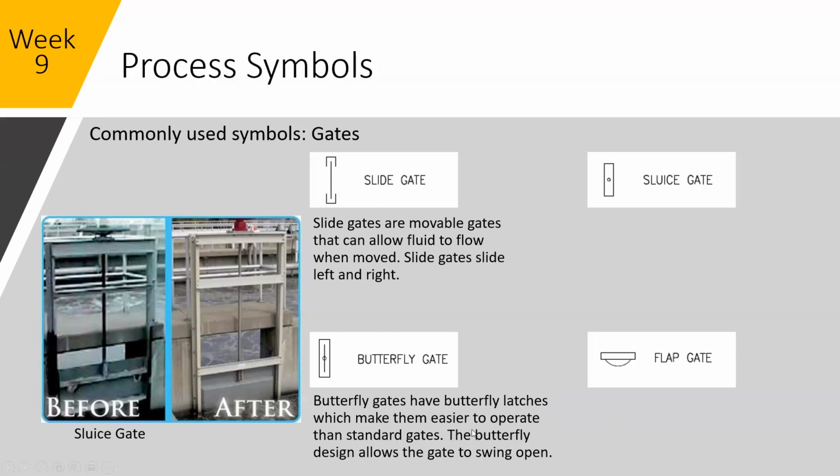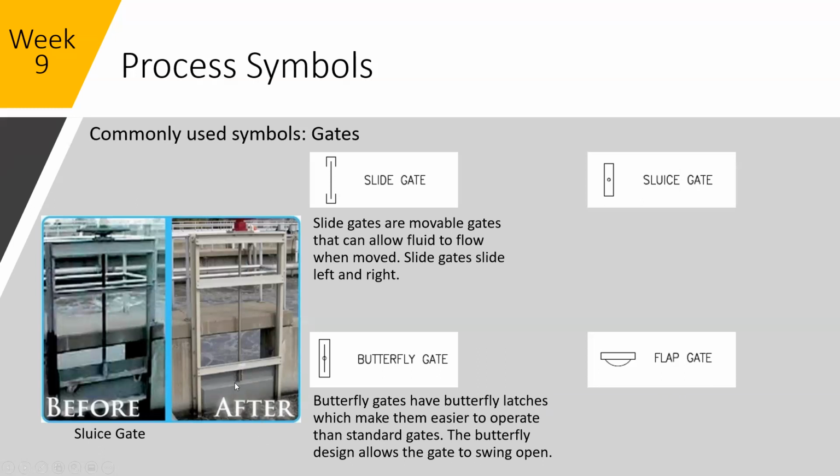Butterfly gates have butterfly latches to make them easier to operate than a standard gate. A butterfly gate will swing open. The reason why it says that they're easier to operate is if you have a lot of water sitting on one side of a gate and there's no water on the other, there's a lot of pressure on it.